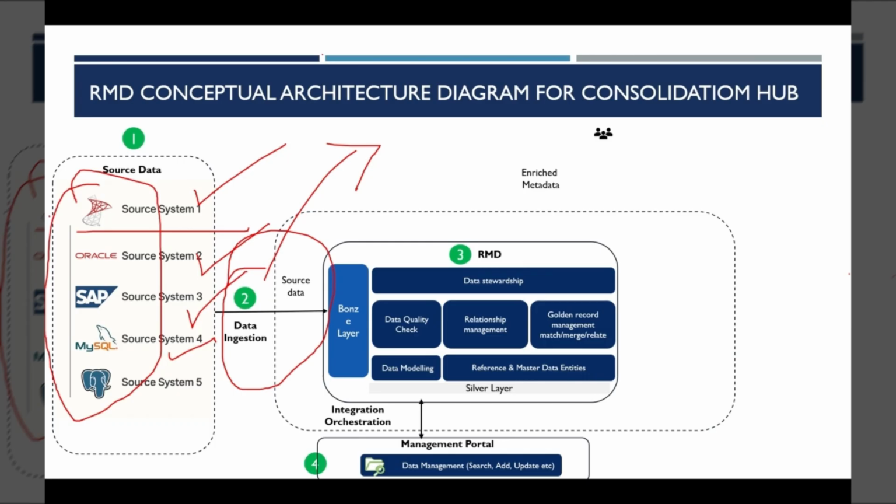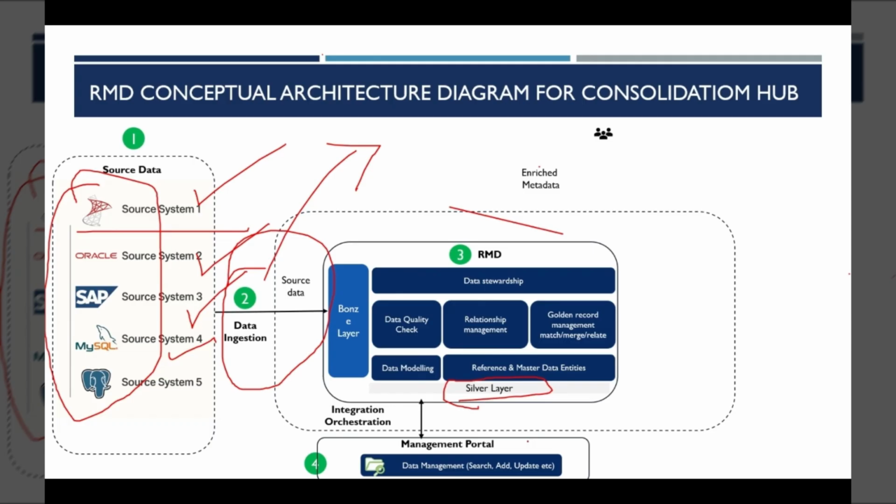Then you need to have the data modeling, as the source model may not fit your MDM model. You have to do master data modeling. Then finally everything is set, and you have to store your golden record in your master data repository. All this happens in your silver layer.